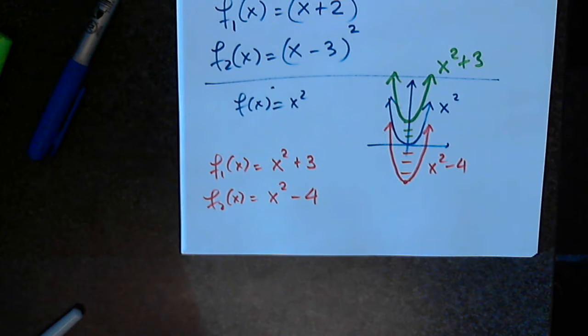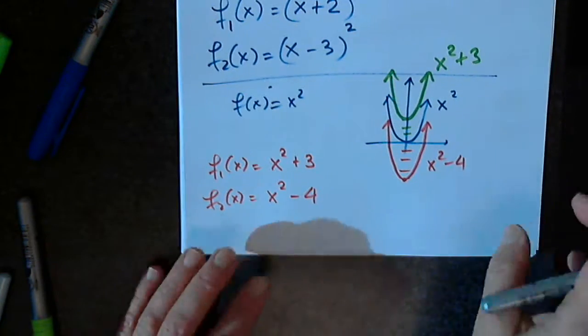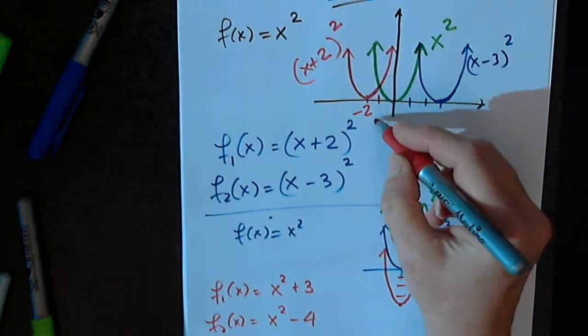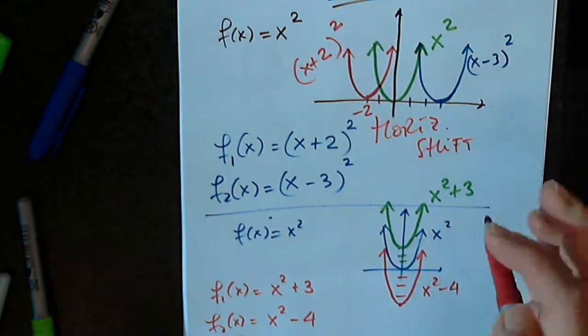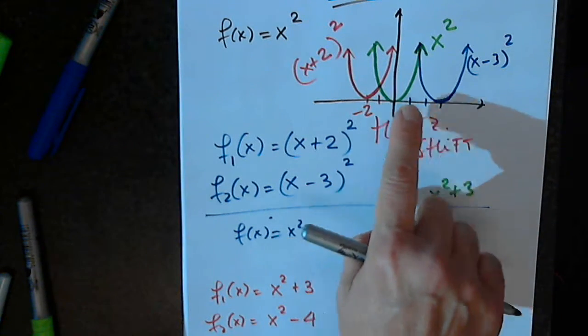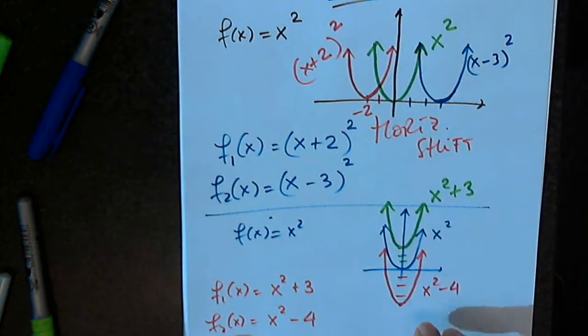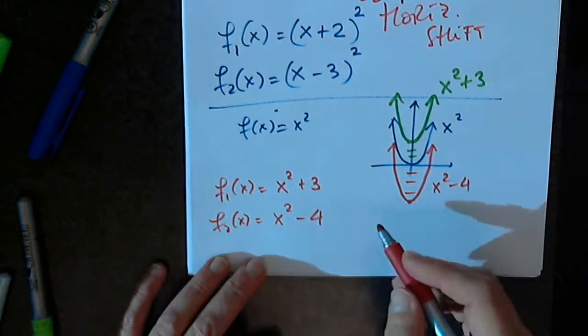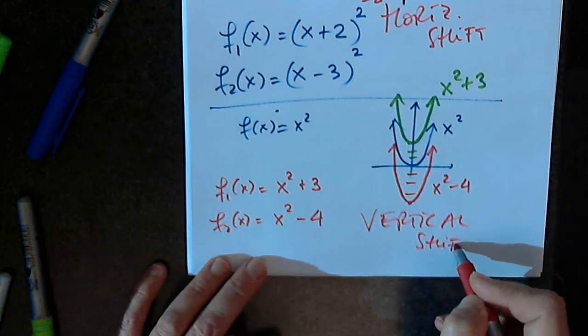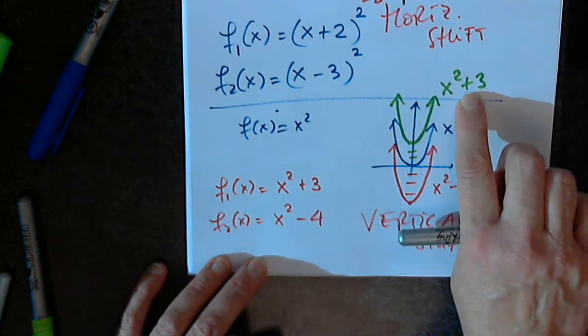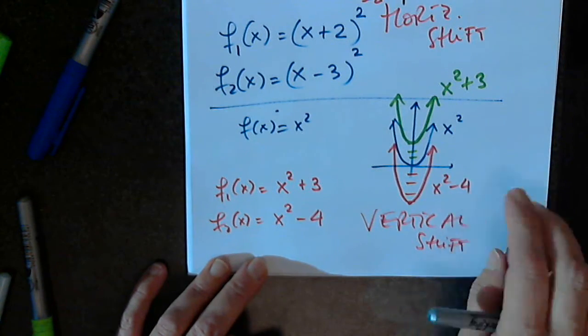We're changing y. Any questions so far? Okay. So I'm going to call this horizontal shift. This was of 2 to the left, and this was of 3 to the right. I'm going to call this a vertical shift. This was up 3, this was down 4. Okay.